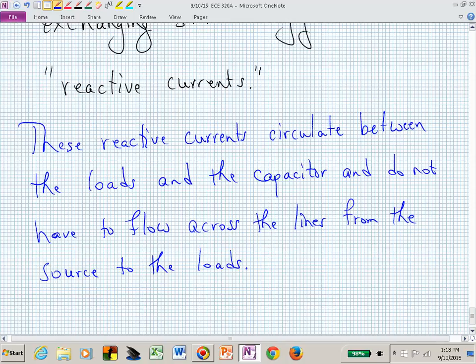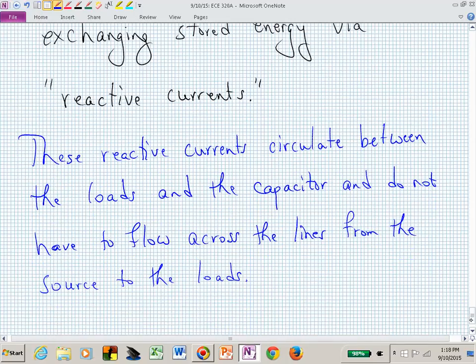That reactive current can now be exchanging energy, stored energy, at the load side and not have to worry about what's needing to be transmitted from the power company or from the source. And that's a good thing. Now we have been able to reduce what we're seeing flowing across the transmission line from 184 magnitude amps down to 144, if I'm getting those numbers right.